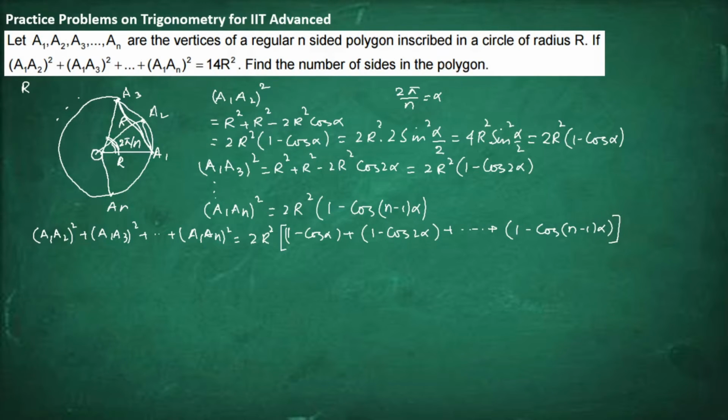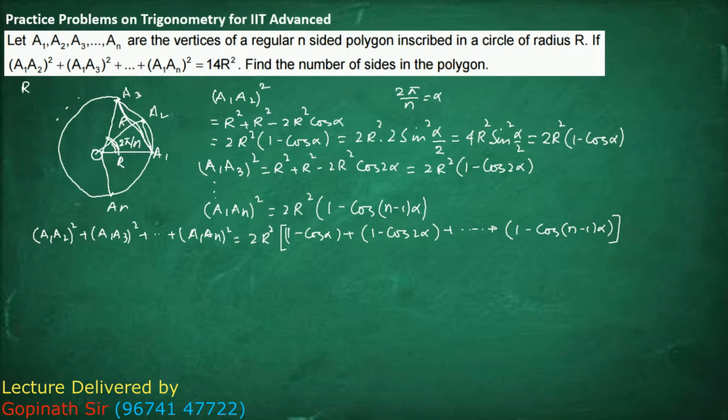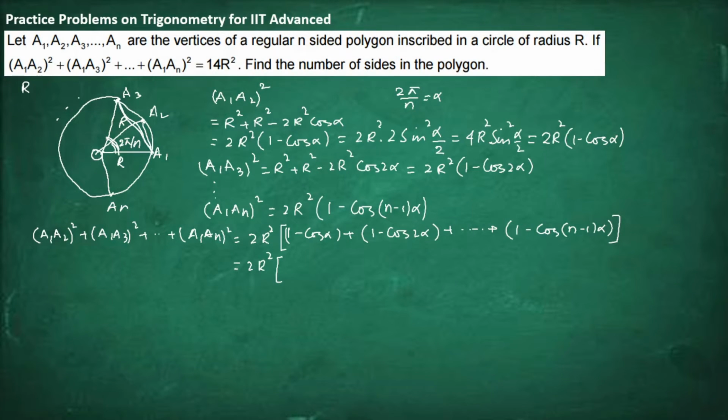Now, can you tell me how many terms are there? There are n minus 1 terms. So 2R square, if I open the bracket, 1 plus 1 plus 1 till n minus 1 terms, so it will be n minus 1, minus cos alpha, cos 2 alpha, up to cos (n minus 1) alpha.